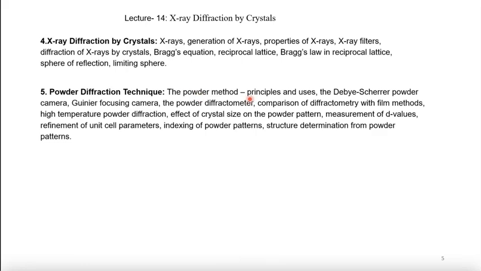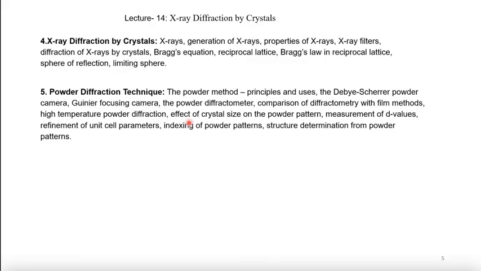The powder method, principle and uses, the Debye-Scherrer powder camera, linear focusing camera, the powder diffractometer, comparison of diffractometer with film methods, high temperature powder diffraction, effect of crystal size on the powder pattern, measurement of d values, refinement of unit cell parameters, indexing of powder patterns, structure determination from powder patterns. These are the content of the syllabus which we are following to discuss in the powder diffraction techniques.